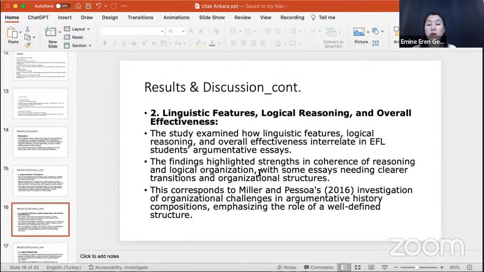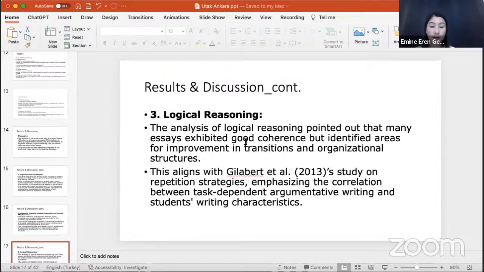Again, there were some strengths, but some students still lack transitions and organizational structure and need improvement in these points. This corresponds to Miller and Pesso's investigation of organizational challenges in argumentative compositions, emphasizing the role of a well-defined structure. And the next finding was about logical reasoning.